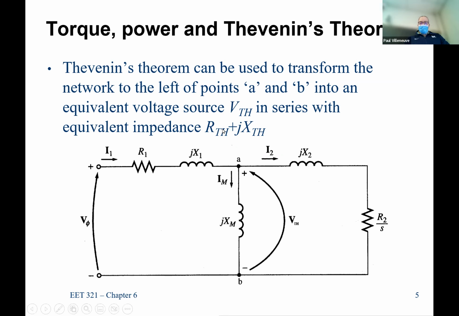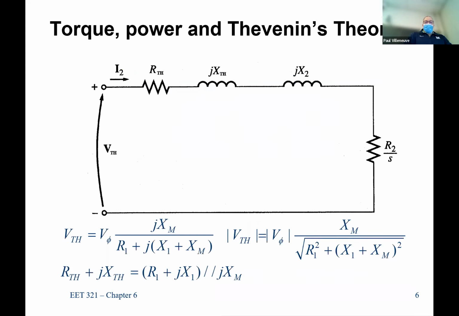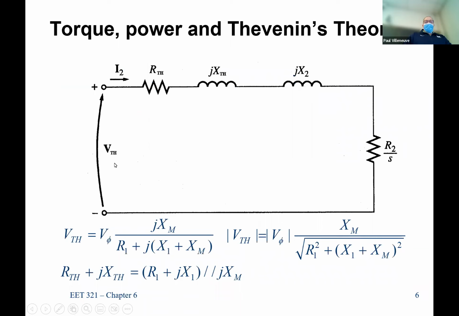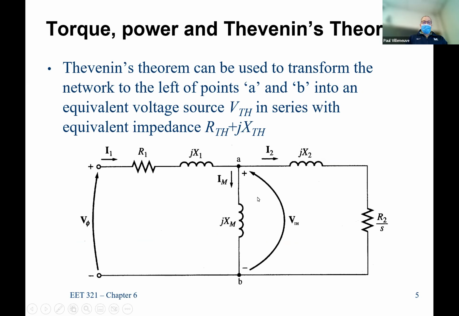So let's go ahead and do that. All right, so the first thing I'm going to do, actually I did it on the other side. I'm going to replace these three, not these two, not these three, the ones to the left. So here's my Thevenin equivalent, and my voltage, again, is going to be across this terminal.